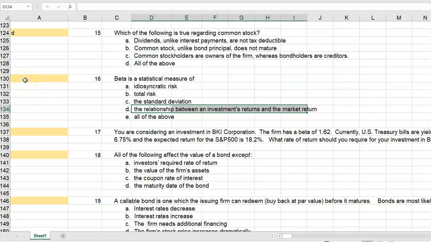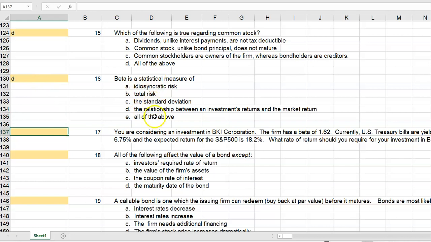And if you remember from the book, it's the slope of the line of the securities market line. If the beta for the market is 1 and your beta is greater than 1, that just means your investment returns are greater than market returns when it goes up, or it's not quite as bad when it goes down.